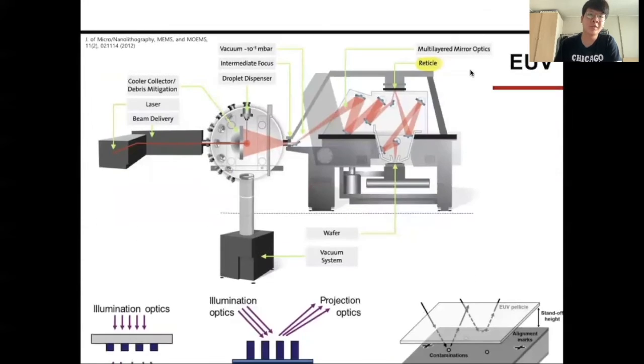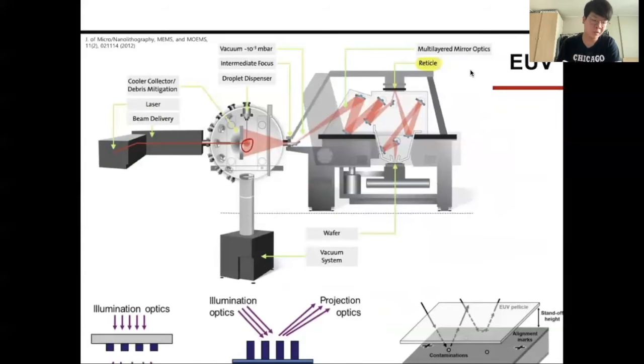EUV, the extreme ultraviolet lithography, uses thin liquidized molecules.